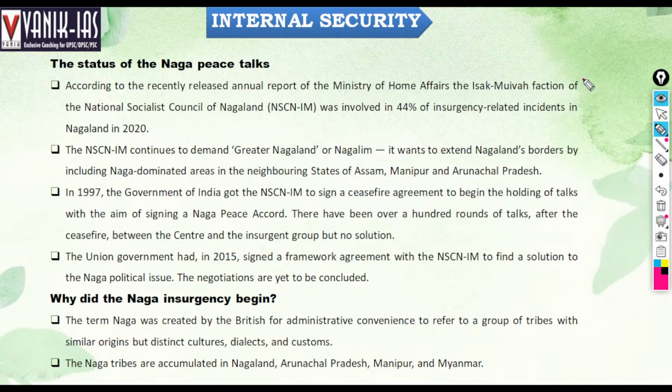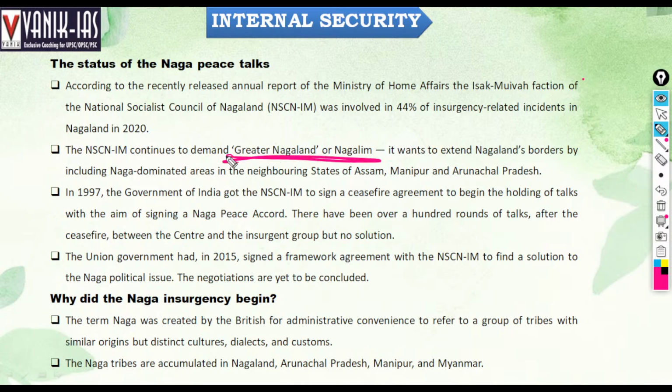According to the recently released annual report, the Ministry of Home Affairs says that 44% of insurgencies in Nagaland are because of the National Socialist Council of Nagaland, that is NSCN-IM. The NSCN-IM continues to demand Greater Nagaland, that is a secessionist challenge, right?